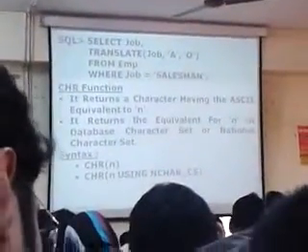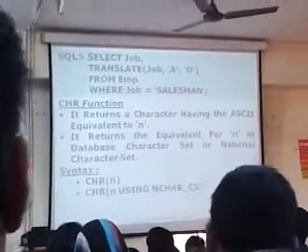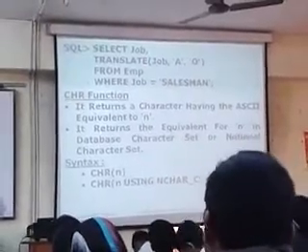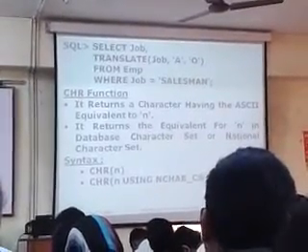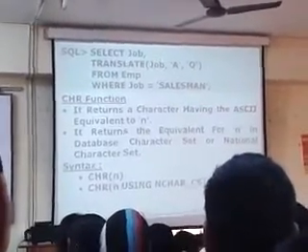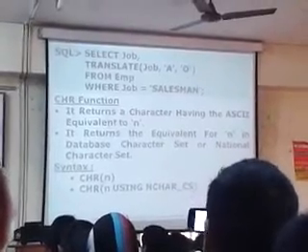Now coming to one of the functions we have, called the CHR function. When you are dealing with CHR function, the name itself is telling you it's a char function where if you supply the ASCII number, it returns the equivalent character out of it. So there are two constructs here. Your Oracle supports even foreign language characters also.